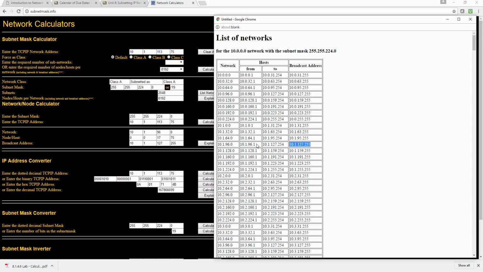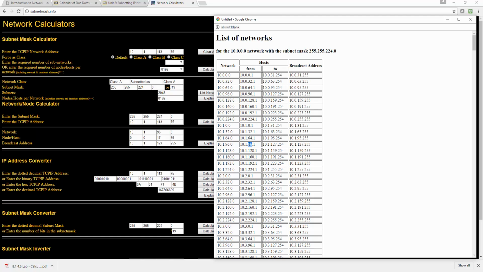And if we're looking at this network here, 10.1.96.0, and this is the network ID of .0, then our broadcast is the next hop minus that 1. So we have 30, or if you went up to 32, minus 1. So you can see the next network starts at 128.